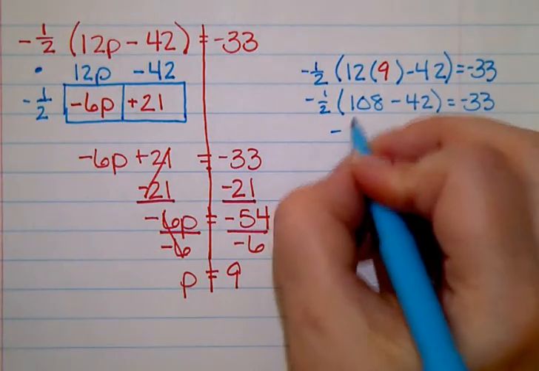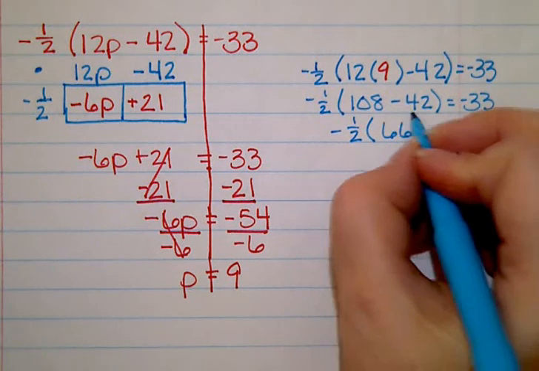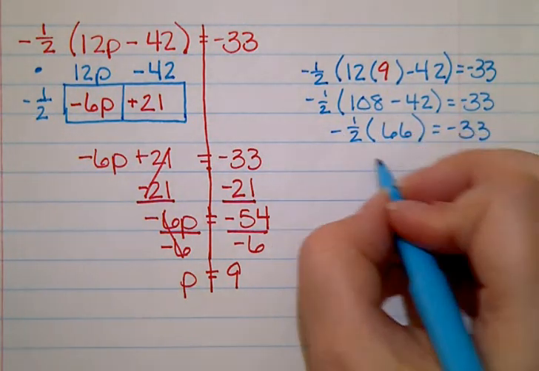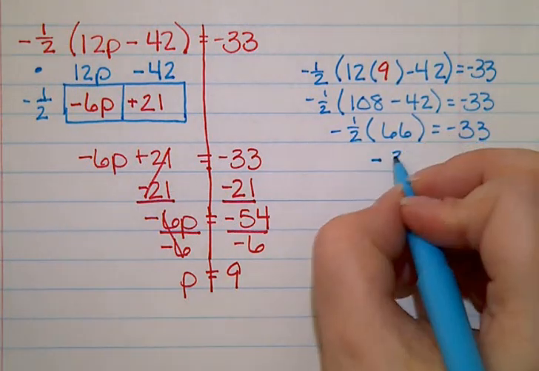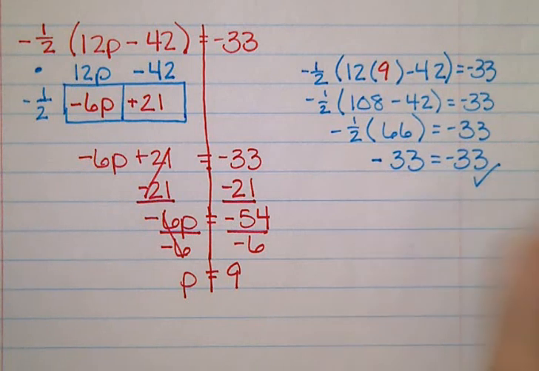Negative 1/2 times 66 equals negative 33. Negative times a positive is a negative. Half of 66 is 33. And my sides balance, so we got it correct.